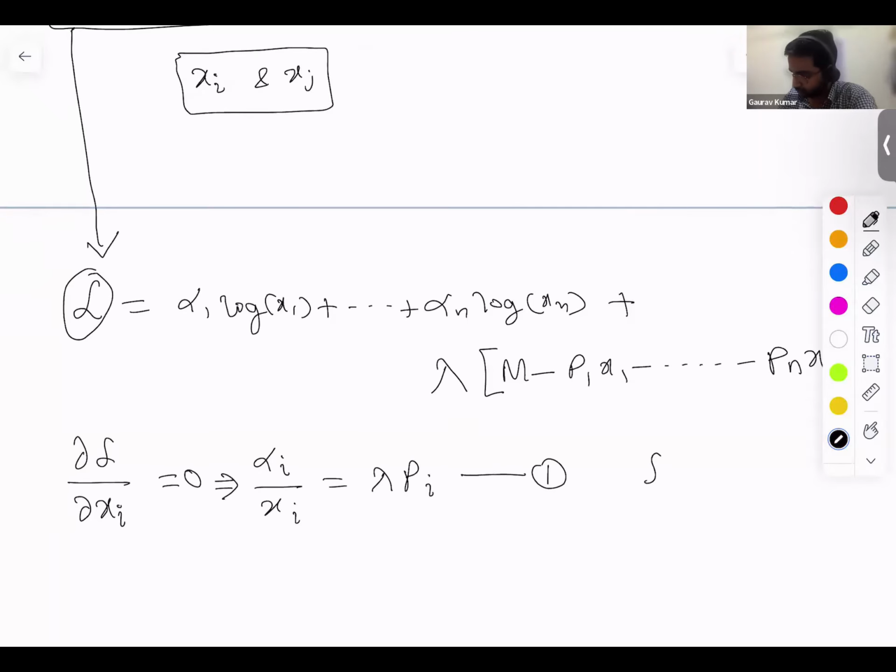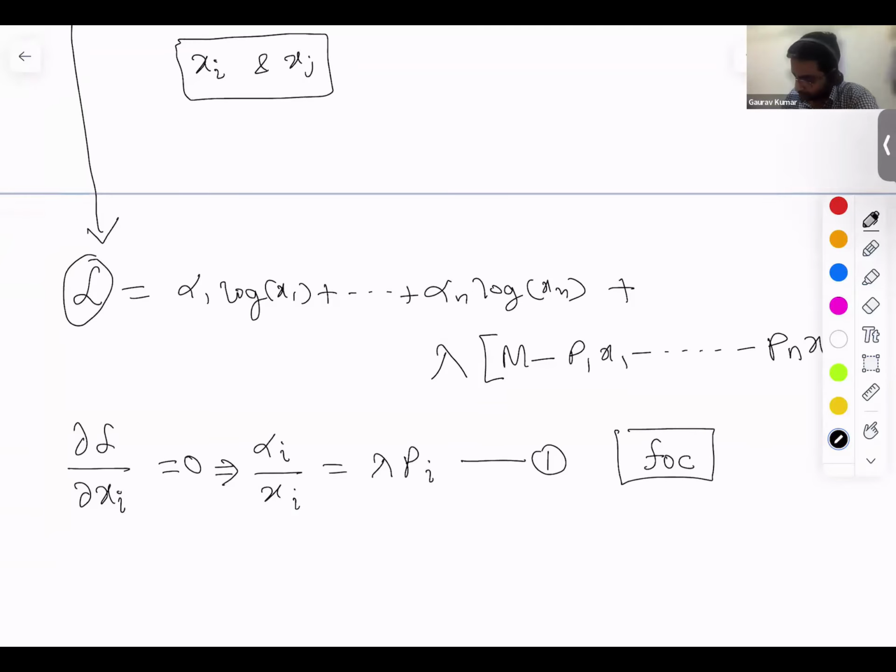I will call the first order condition in short form as FOC. And you take some other good xj and take the partial derivative of the Lagrangian with respect to that particular good. It will be alpha j by xj is equal to lambda pj. This is your second equation. These are the two FOCs you get.